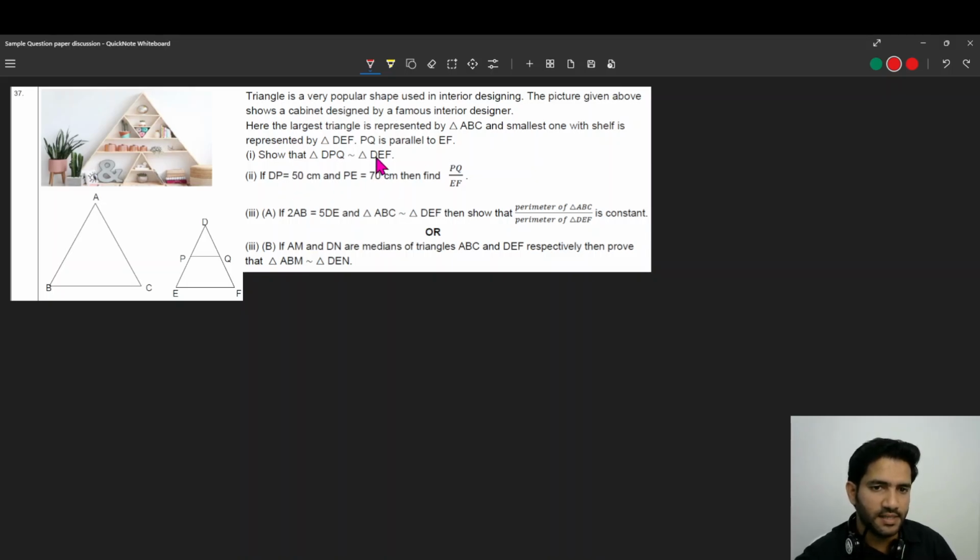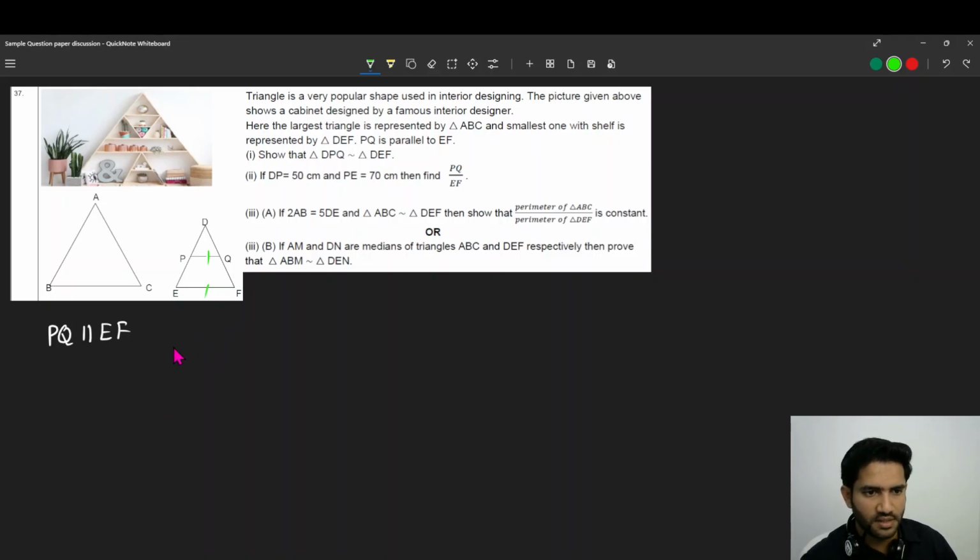Show that DPQ is similar to DEF. It is given that PQ is parallel to EF. These two lines are parallel.